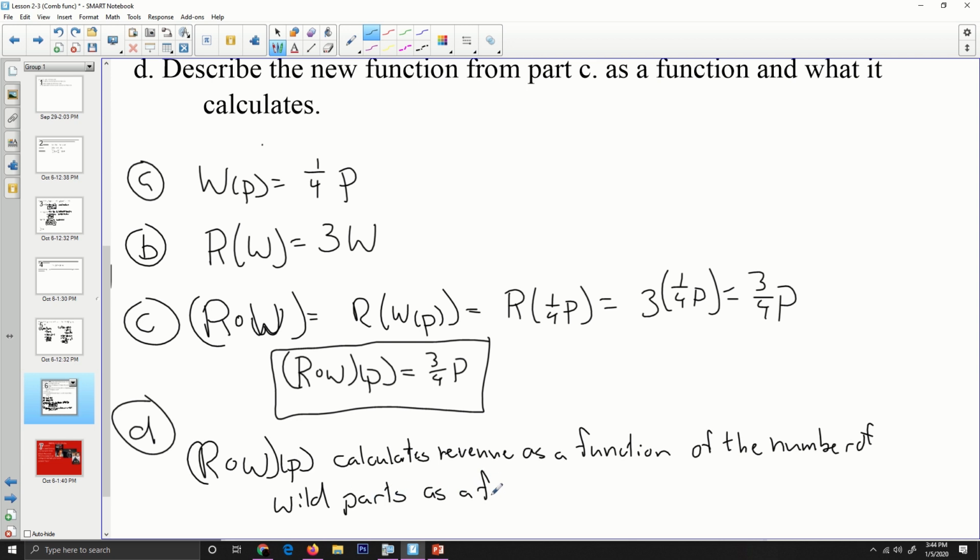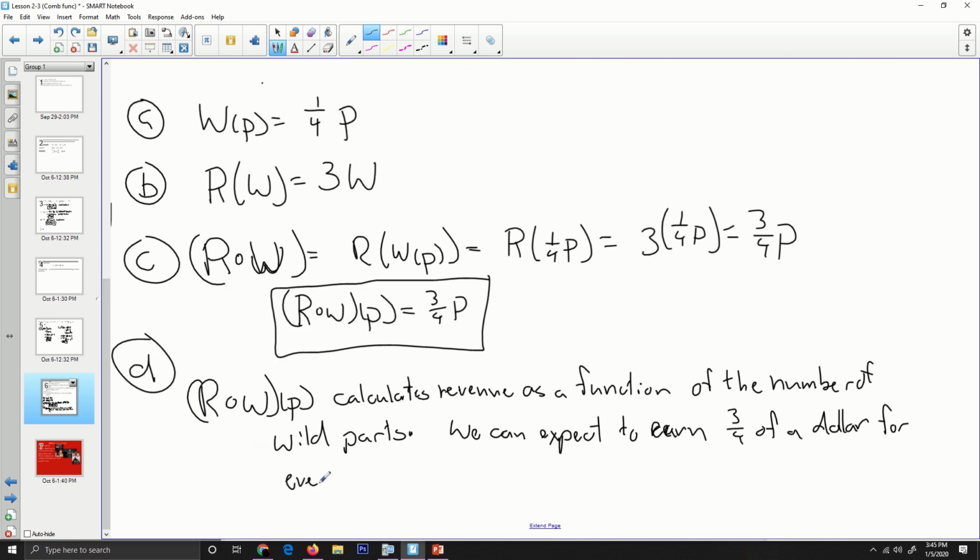And so we can also conclude that we can expect to earn 3/4 of a dollar for every wild part.